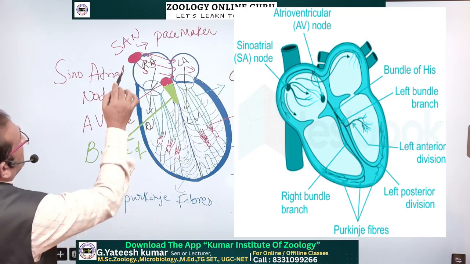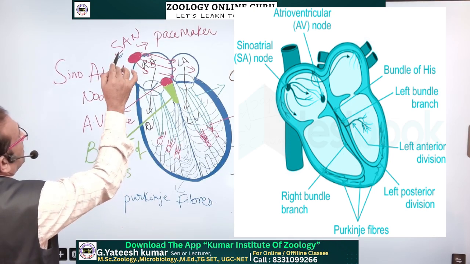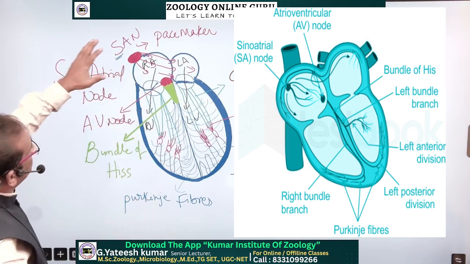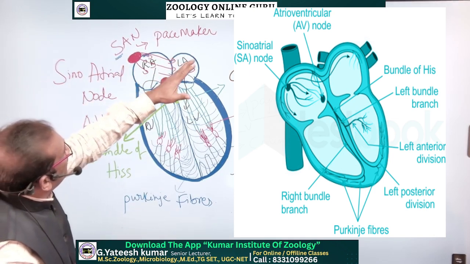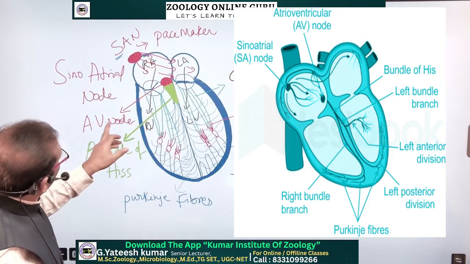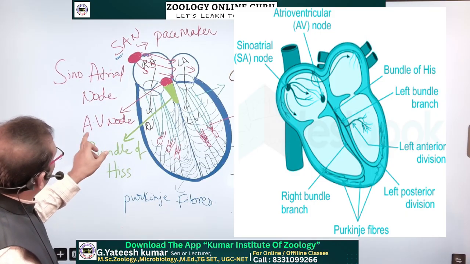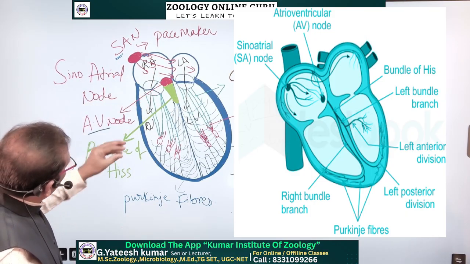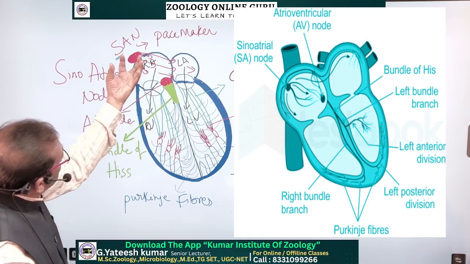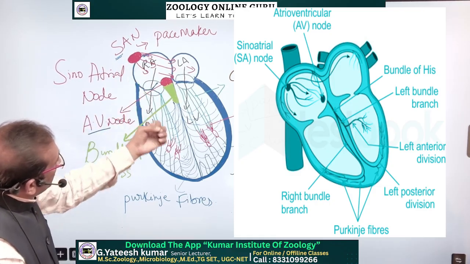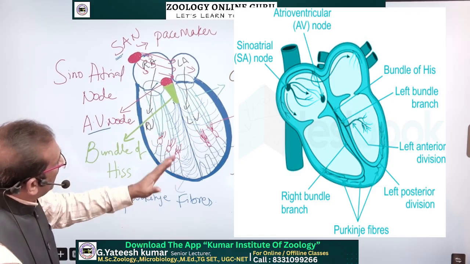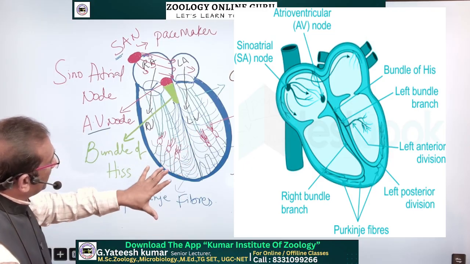So first, what happens: the sinoatrial node starts the heartbeat, that signal transfers to the atria, and then comes to the atrioventricular AV node, and from the AV node, the bundle of His takes that signal of the heartbeat and transfers it to the total left and right side of the ventricles.